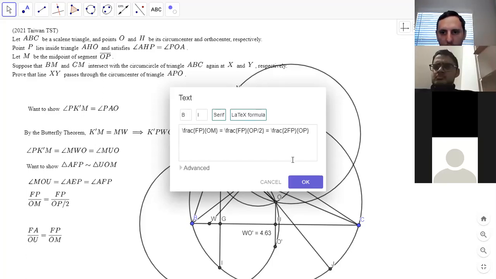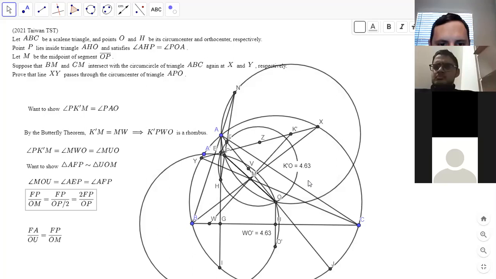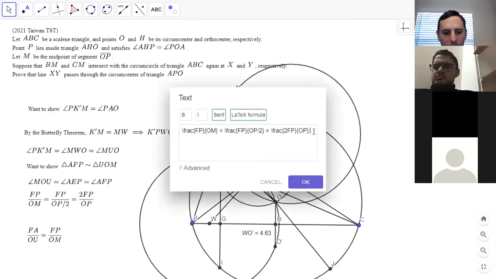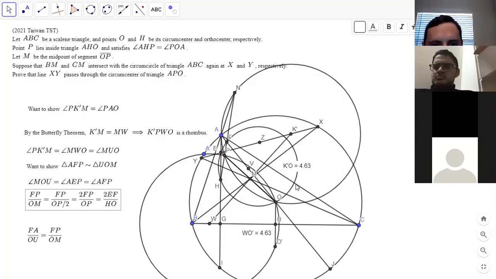So FP over OP is EF over HO. And EF over HO is equal to AF over AH.